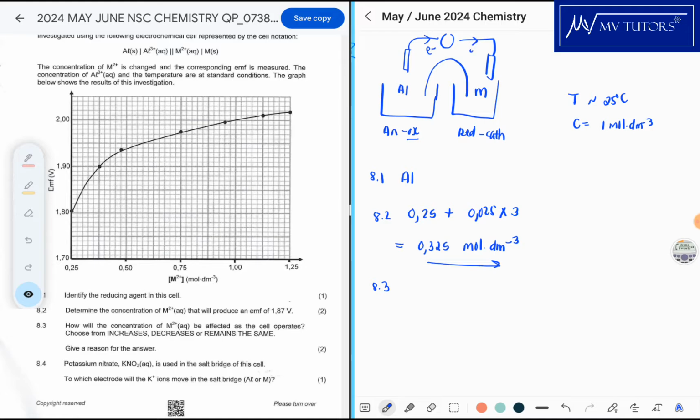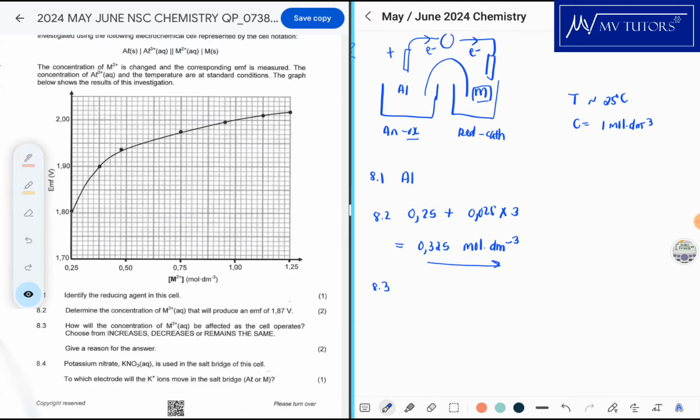This is negative, no, that's positive, that's negative. So electrons flow in this direction. And here we're going to have positive ions. On this side the electrons are flowing, they find some positive ions, and then you create this metal M. So the M2+ ions, the electrons are coming to neutralize them.